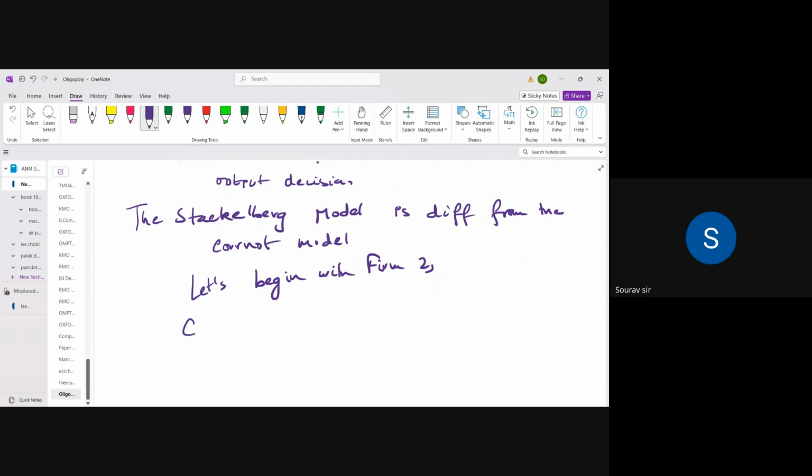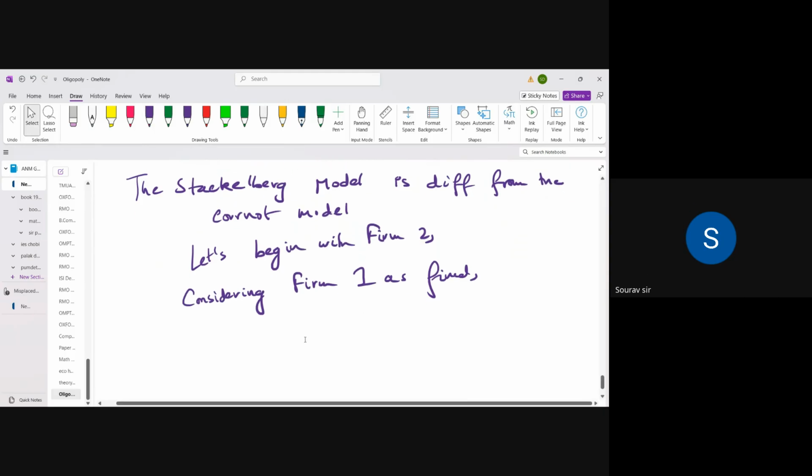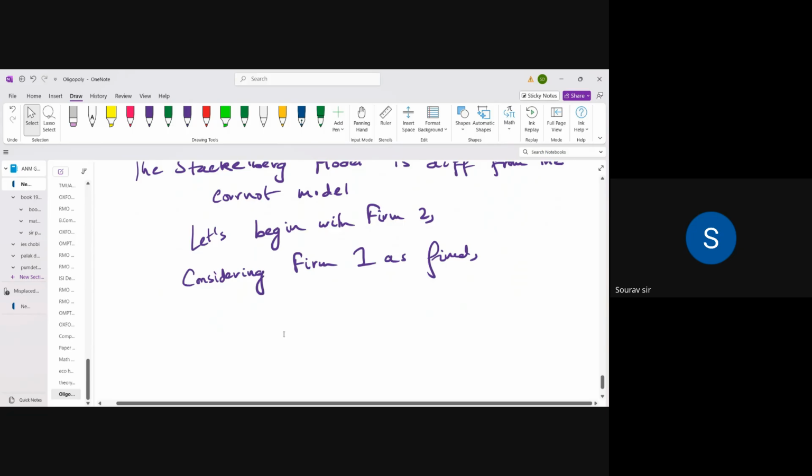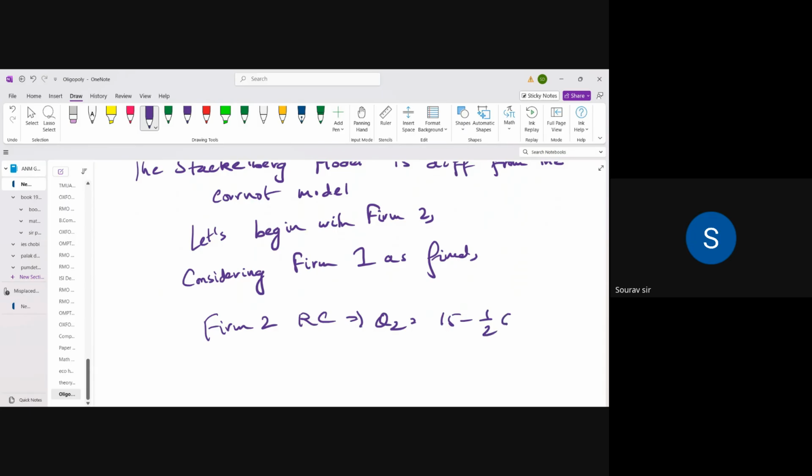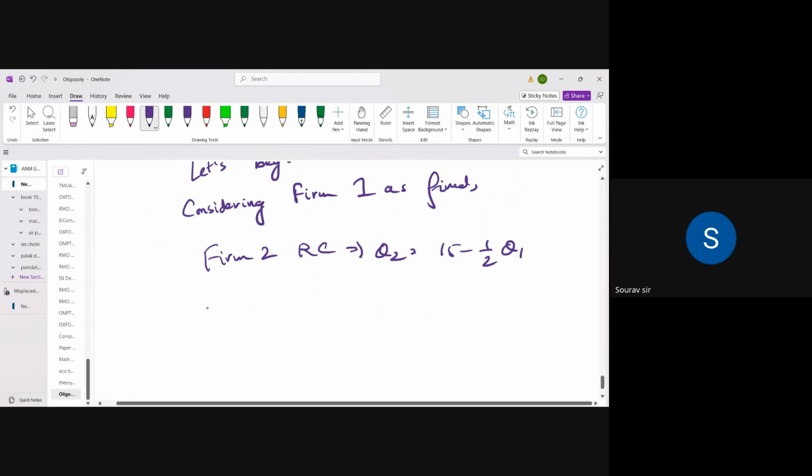So considering firm 1 as fixed, firm 2's profit maximizing output will be given by its Cournot reaction curve. So firm 2's reaction curve will be Q2 equal to 15 minus half of Q1. Okay, so now what about firm 1?